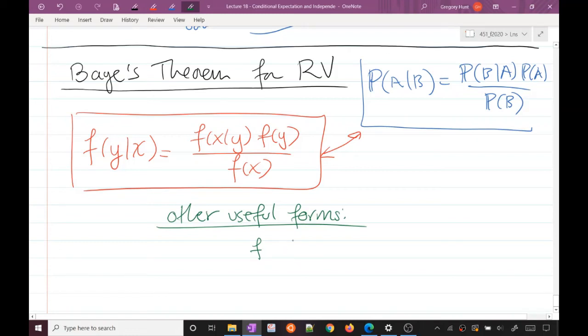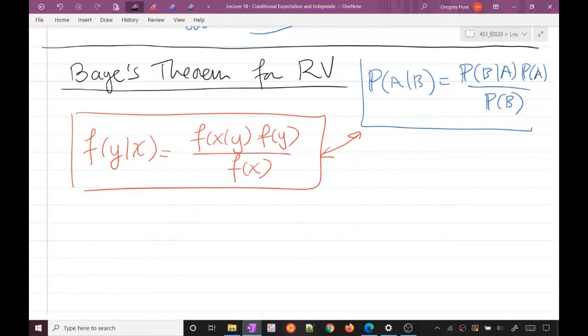Okay, here's what we want to say. Notice that... yeah, let's leave it there. Let's move on to some other useful theorems here.